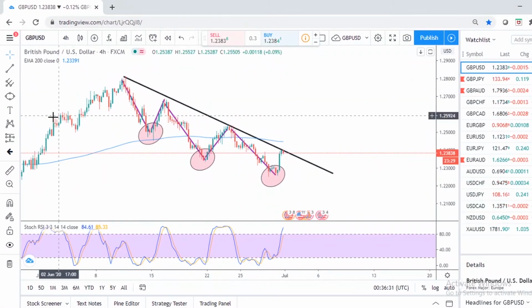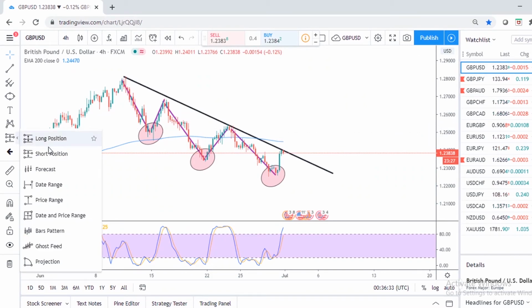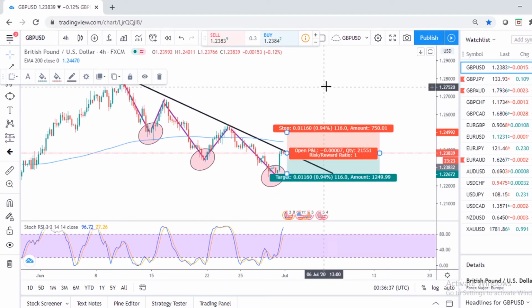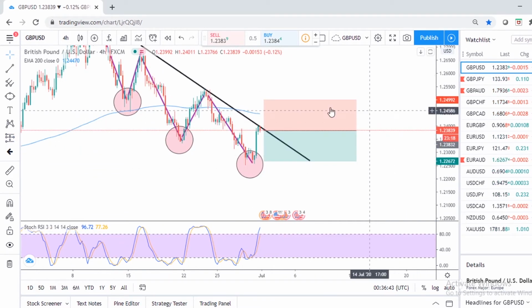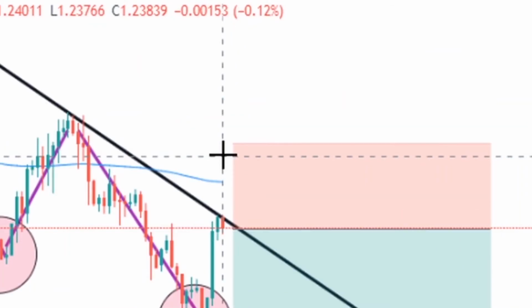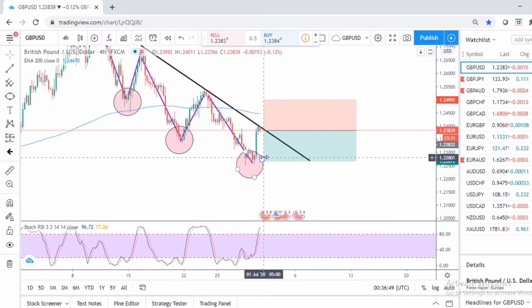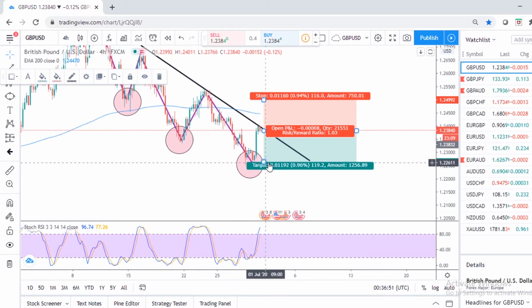Tapos lalagyan ko lang siya ng marker dito that I'm taking a short position. So, dito, sa dulo nito, this will be my stop loss and dito sa baba will be my take profit. Okay?